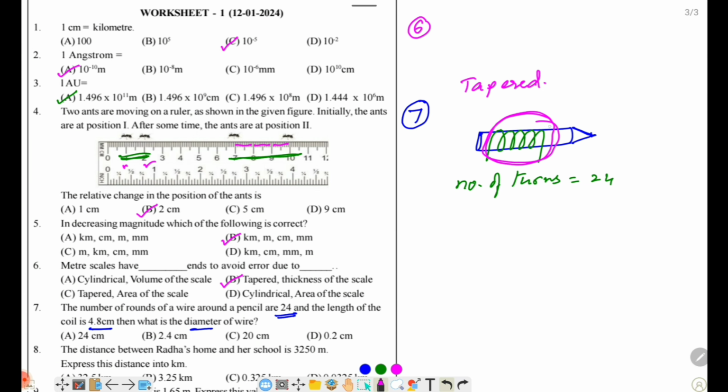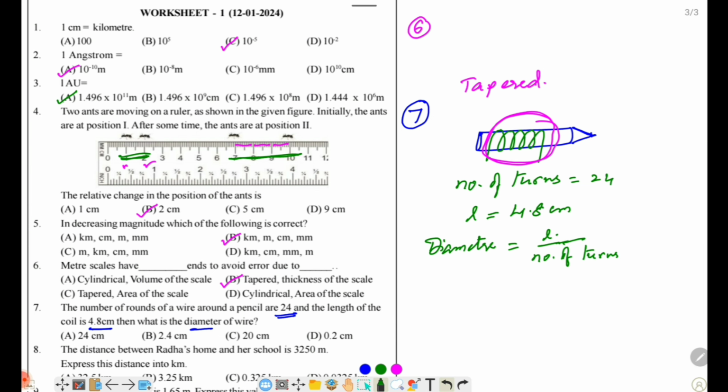The length of this coil, let me say L, is 4.8 centimeter. Now we want to calculate the diameter of the wire. So diameter is equal to length of the coil divided by number of turns. Simple.